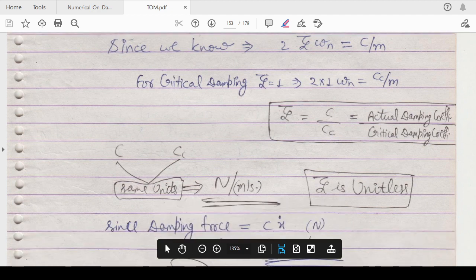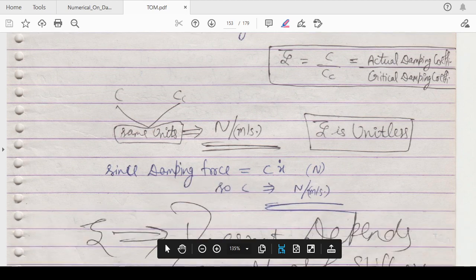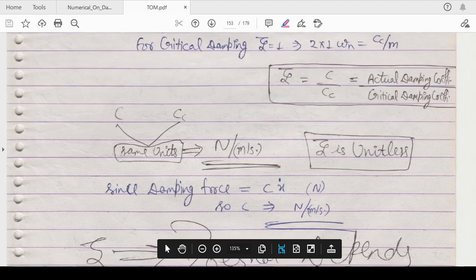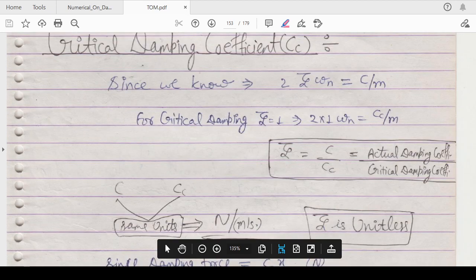The unit of C and Cc is the same, Newton per meter per second, and zeta is unitless. Zeta depends on mass and stiffness. Note this in your mind; it will help you calculate the numericals.